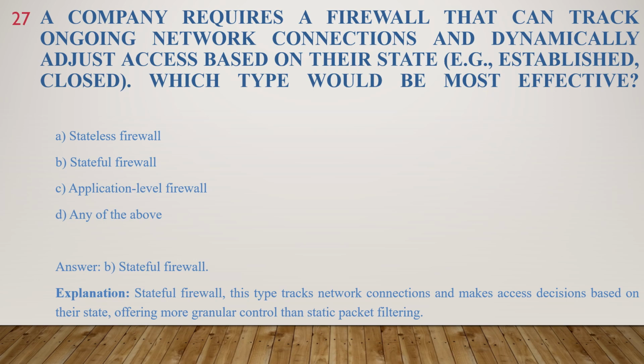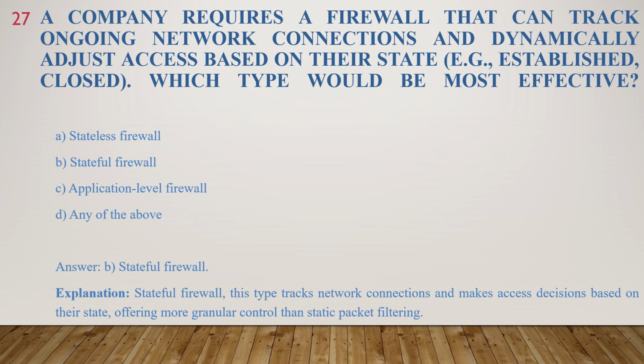Stateful firewall. Here's why. Stateless firewalls. They only examine individual packets based on predefined rules, such as source-destination IP addresses and port numbers. They don't track the state of connections, making them unsuitable for dynamic access control based on established or closed states. Application-level firewalls.